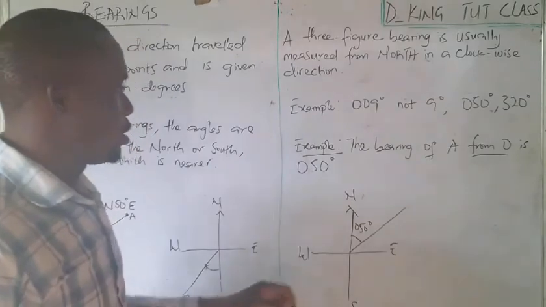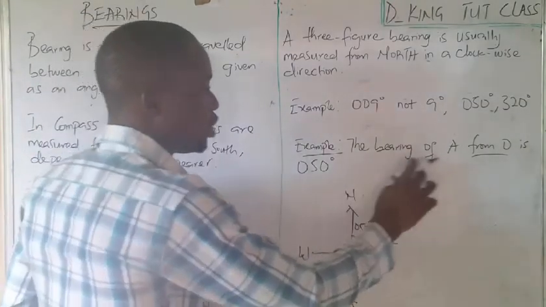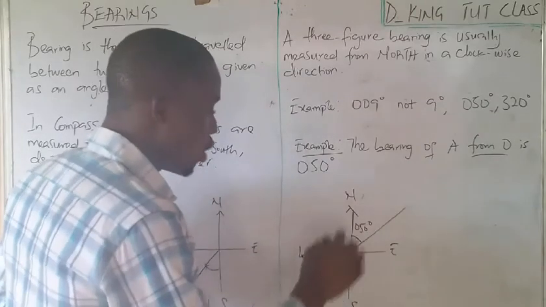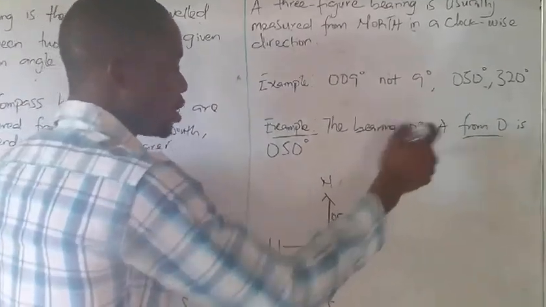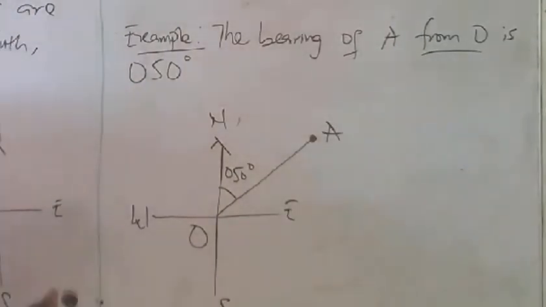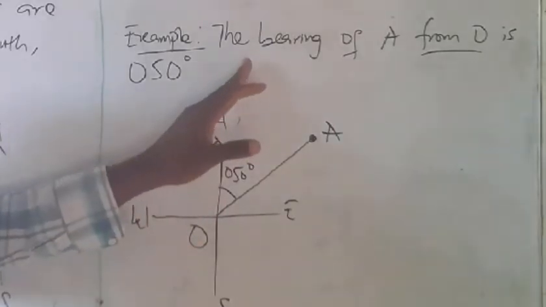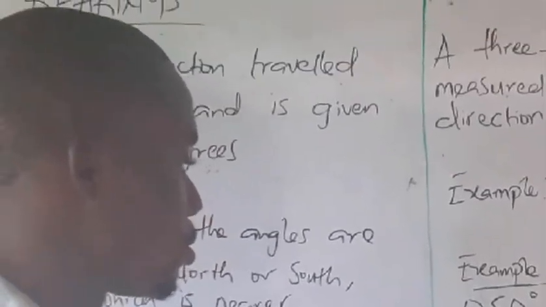In this case, we have the bearing of A from O. From point O, so this place is going to be point O to A, where I'm going to stop is point A. That's how to represent this question on your four cardinal points.